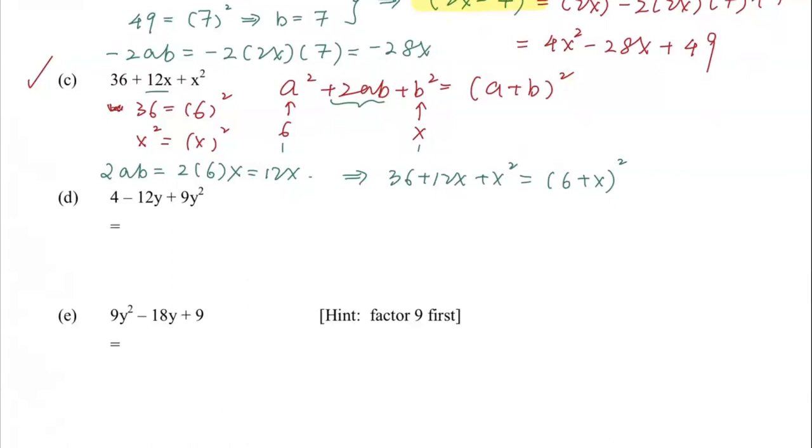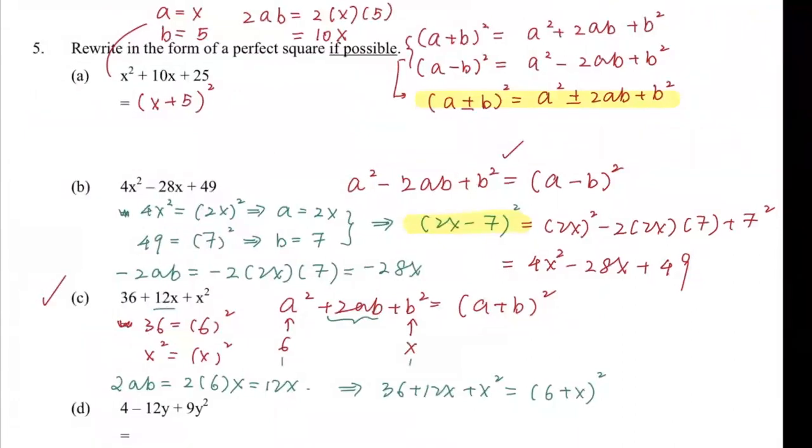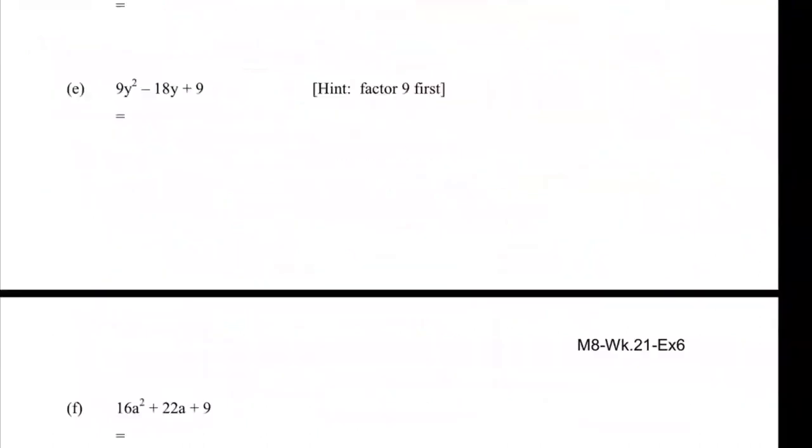Okay. So let me give you an example where we have our a and b, but the 2ab term is not equal to the middle term, which means we cannot use this formula. We have seen 3 questions here, right? And all the questions have a solution, but it's possible that we are given an expression that cannot use this formula. Let me think of one.